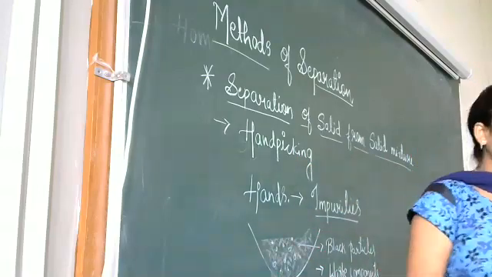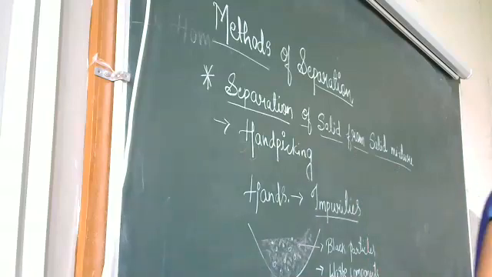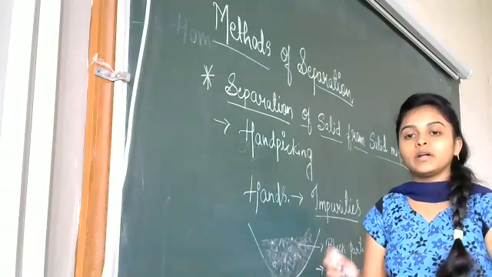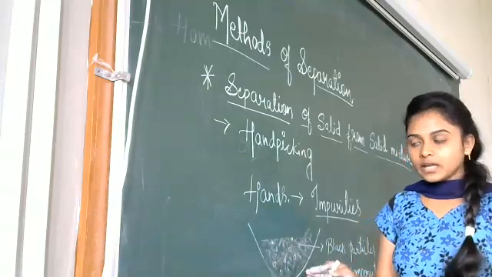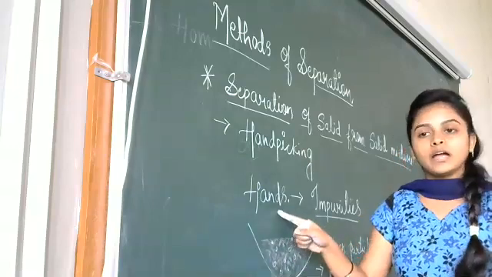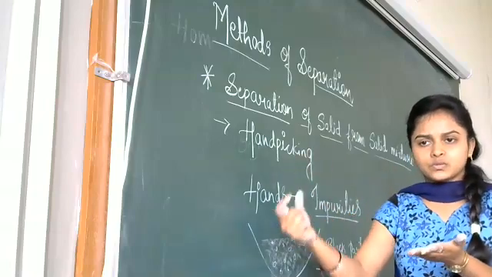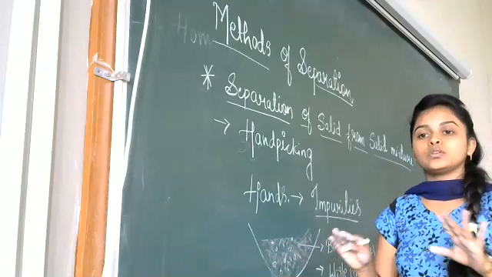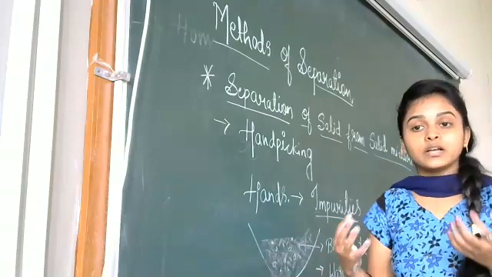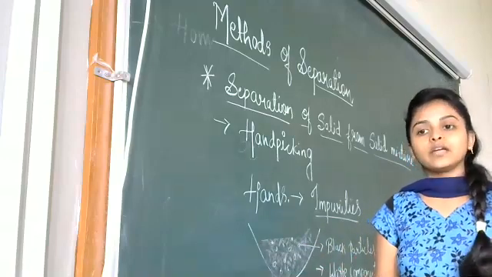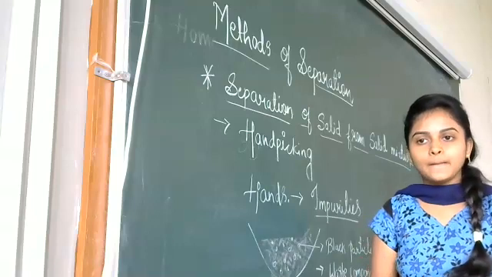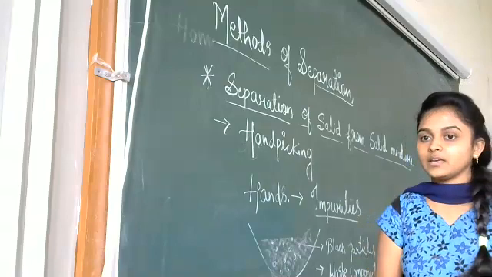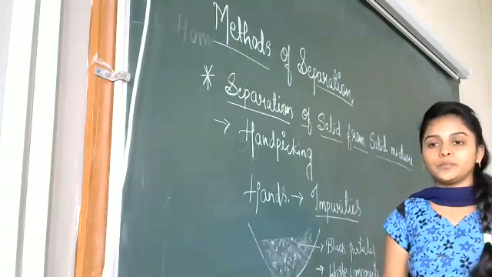In the hand picking method, we are separating unwanted materials with the help of our hands, just by picking those black stones, the impurities, unwanted particles which are not useful for consumption. Are you all getting my point? So this is the hand picking process.